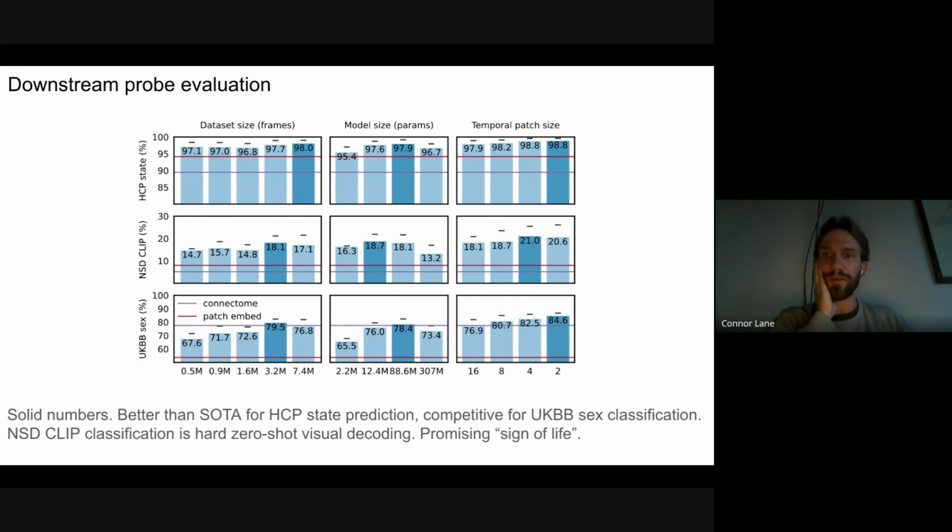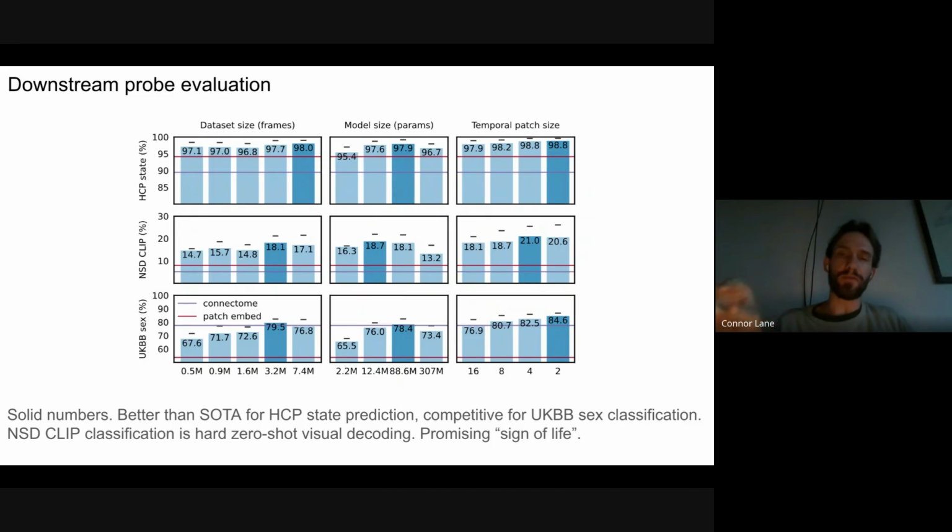So this table is showing downstream classification accuracy on 3 tasks. Basically, cognitive state decoding in the top row, where you're trying to predict which cognitive task a person is doing in the scanner out of 21 possible different tasks.